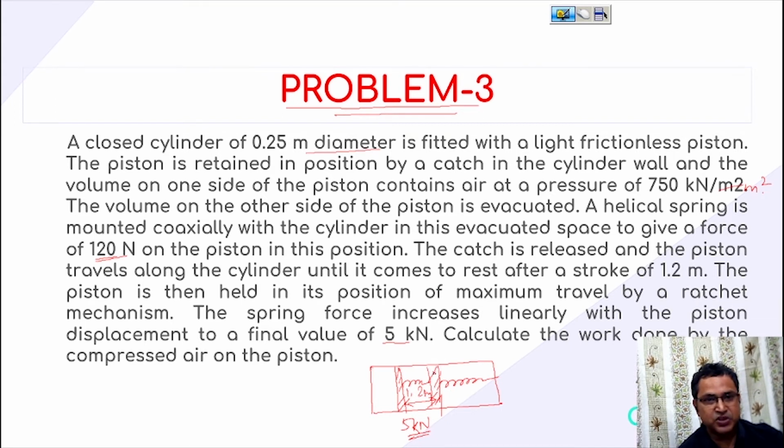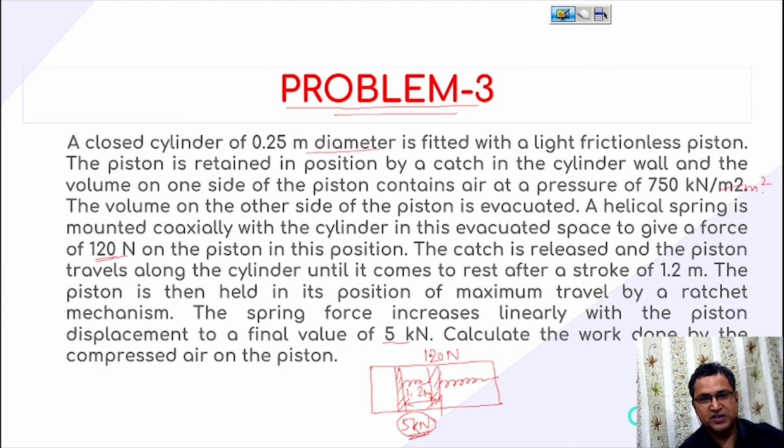At this position the force is given as 120 Newton, and at this position the force is given as 5 kilonewton, and this variation is a linear variation. Since this is a spring and spring force varies linearly, there is no problem, we can take the average of these two forces.